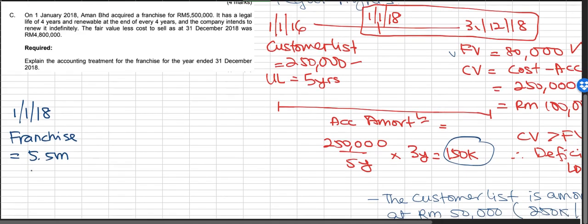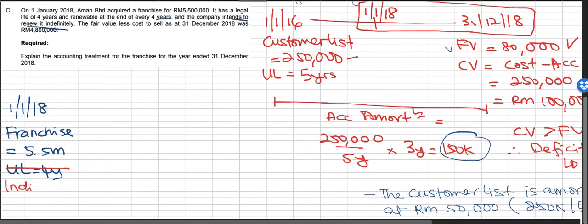It has a legal life of 4 years, renewable at the end of every 4 years. The company intends to renew it indefinitely, so we will not amortize because this is indefinite life.